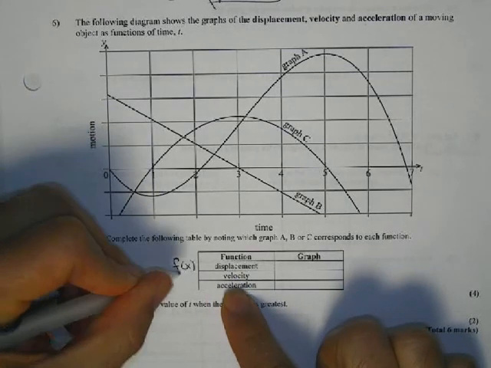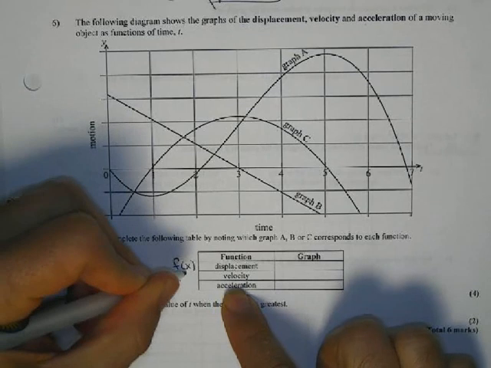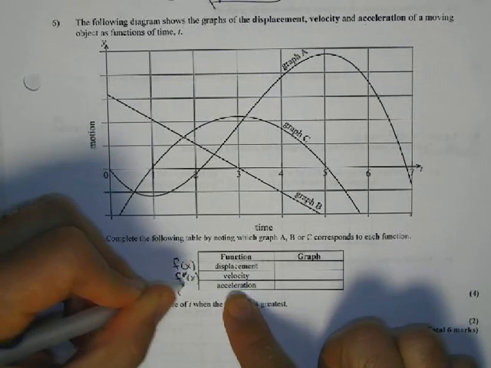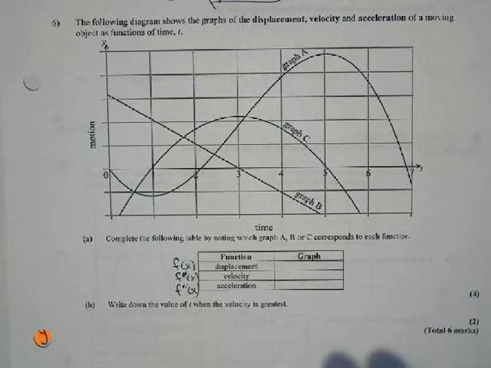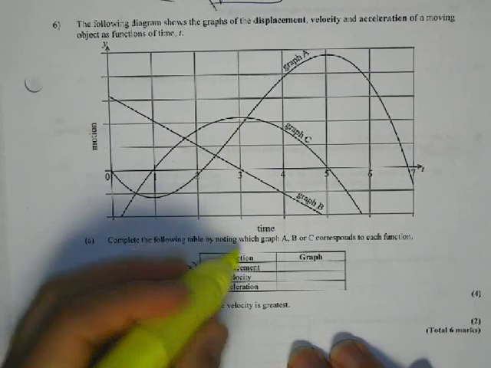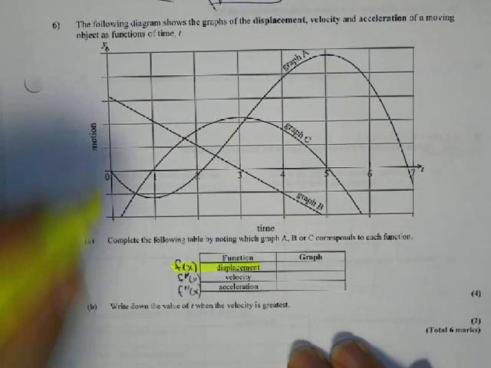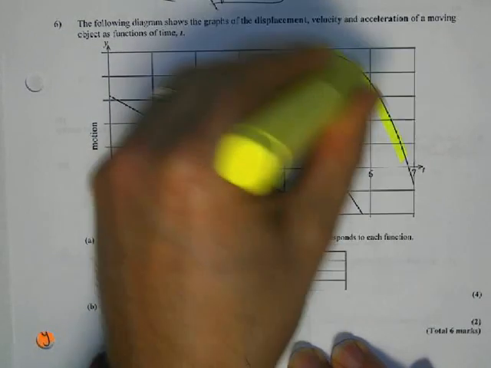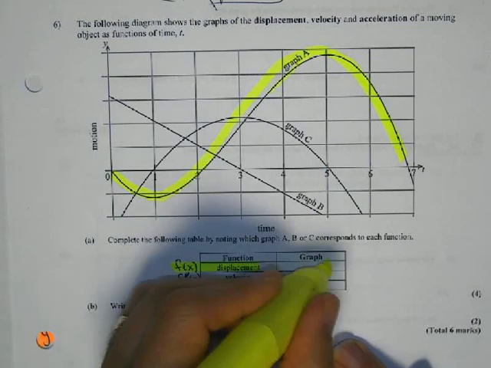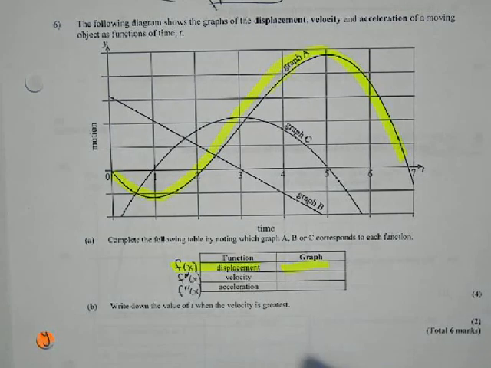Velocity is the first derivative, and acceleration is the second derivative. Okay, so the displacement function is going to have to be the one with a minimum and a maximum. So that's graph A.